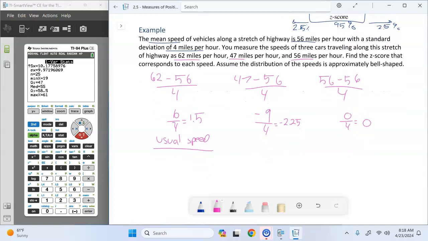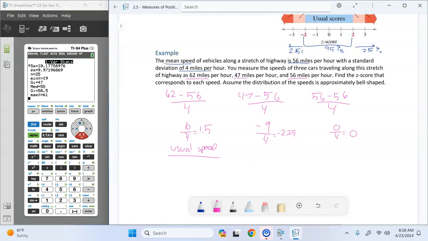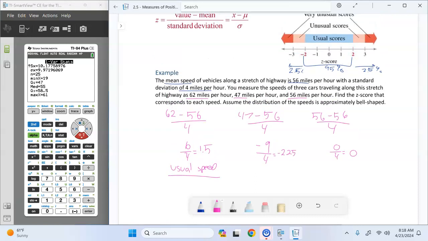Is it a typical data value? No. Why not? It's unusual, because it's more than 2 standard deviations below the mean, putting it right around here within our unusual set of scores. So that is an unusually slow speed.